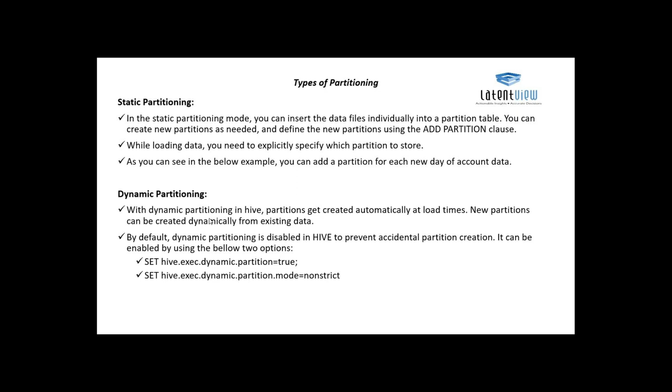Dynamic partitioning is not enabled by default. You have to set 2 parameters for it to happen: set hive.exec.dynamic.partition equal to true, and set the mode to non-strict. Only in these cases can dynamic partitioning be done in Hive.